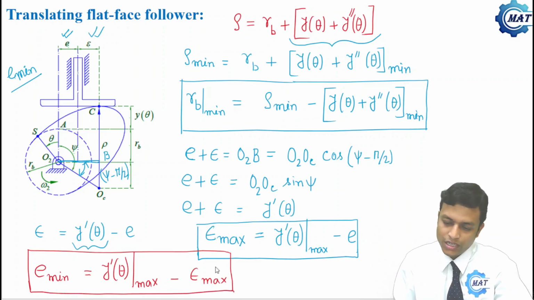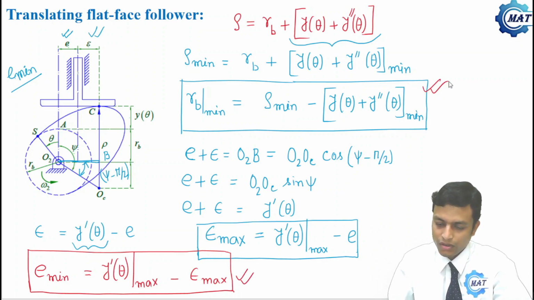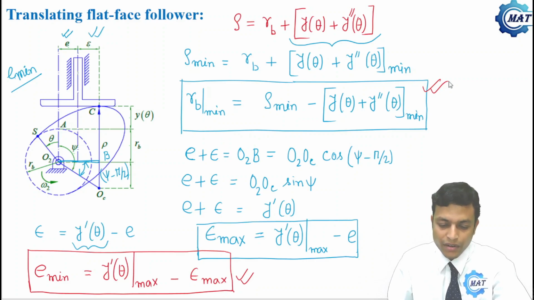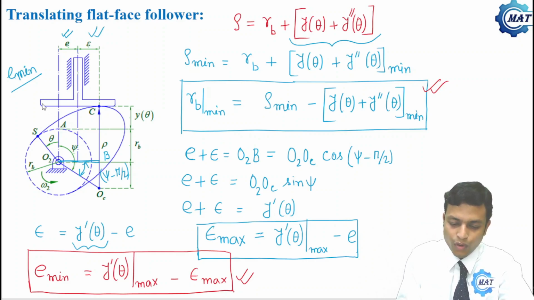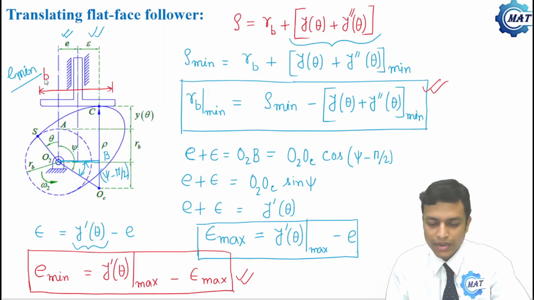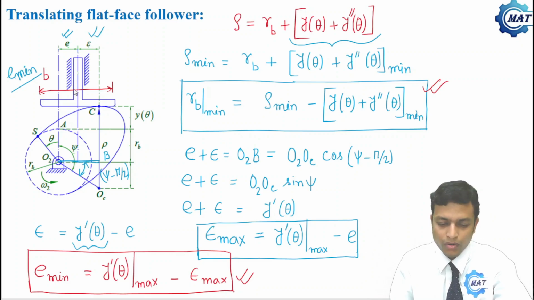This is the expression for E min, and this was the expression for RB min. Now our next objective is to determine the required minimum follower width. This is the follower width. What is the minimum follower width required to maintain the contact? So this is B, follower width.